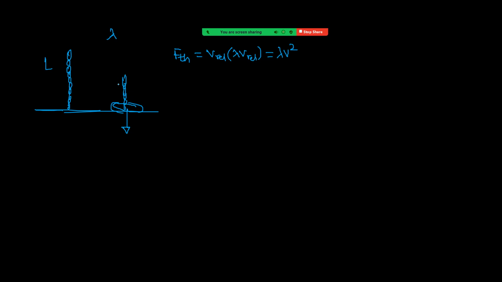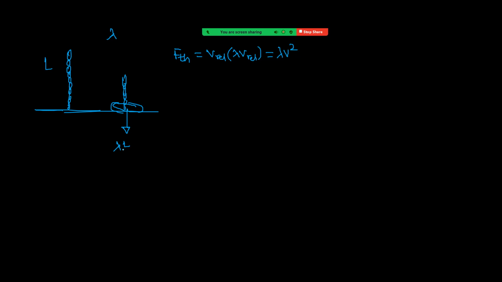The chain which enters the system exerts a force on the system downwards. See carefully, the chain is entering the system. When it enters, the force on the system will be in the direction of relative velocity, so it exerts force on the system downwards.